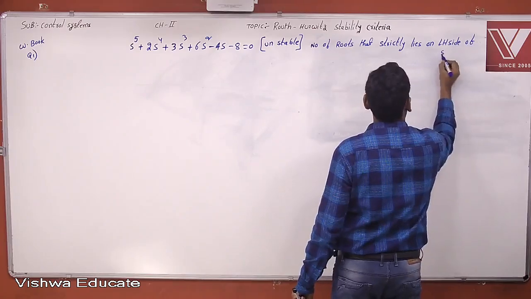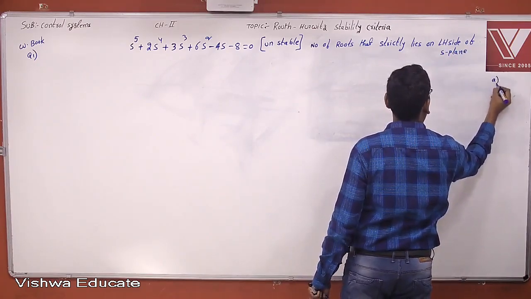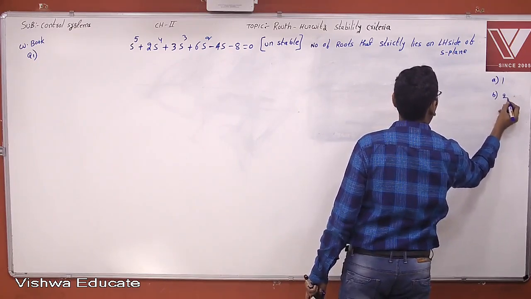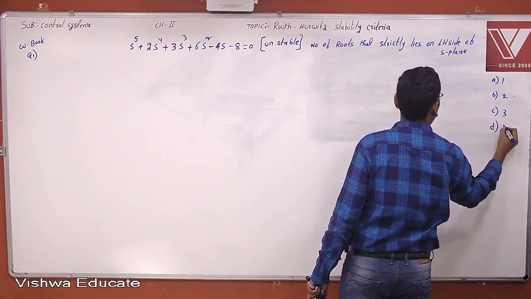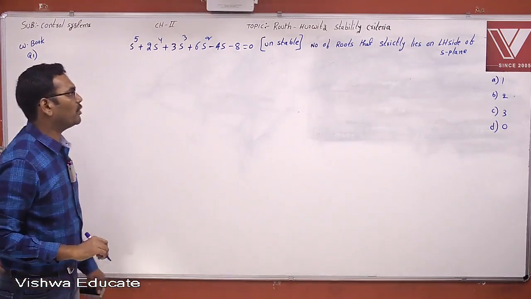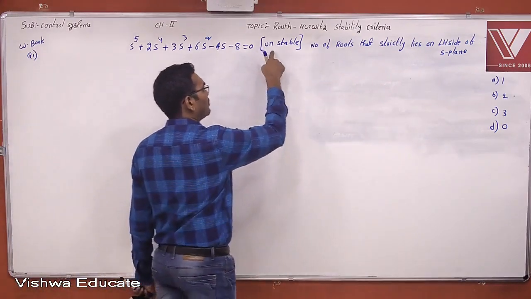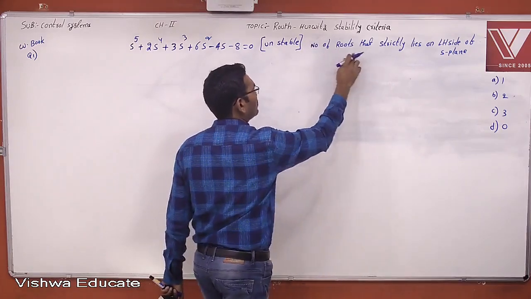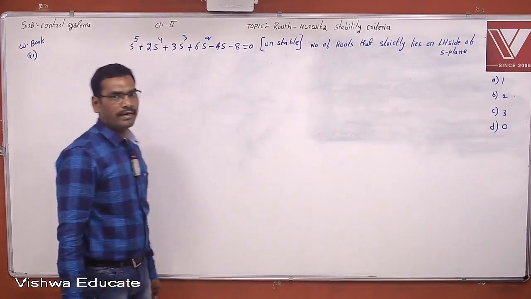The options given are 1, 2, 3, and 0. So by looking at this question I can say unstable, but the question is the number of roots that strictly lie on the left hand side of S plane, and these are the options given to you.